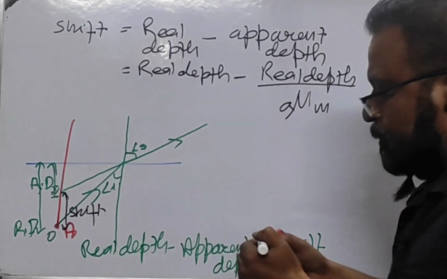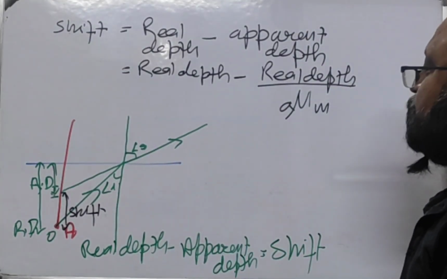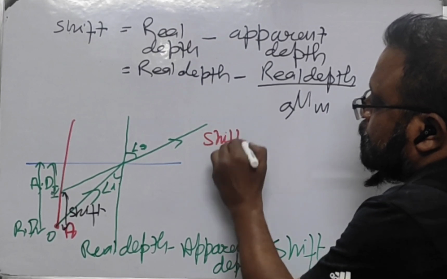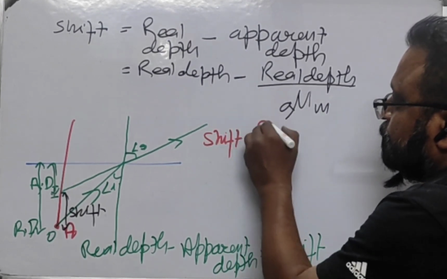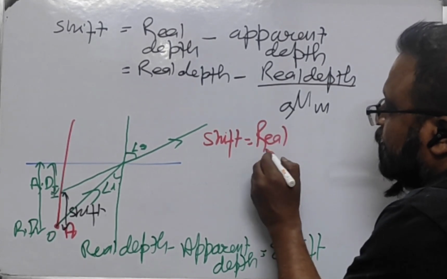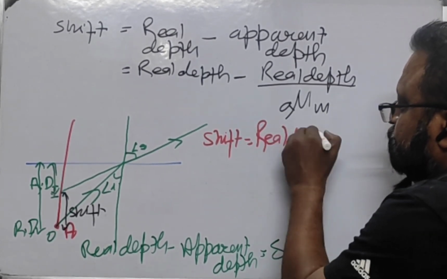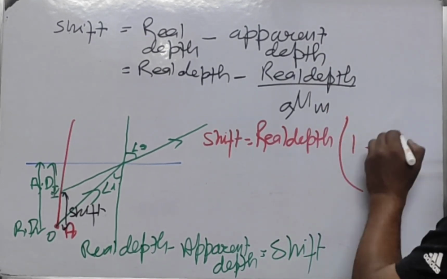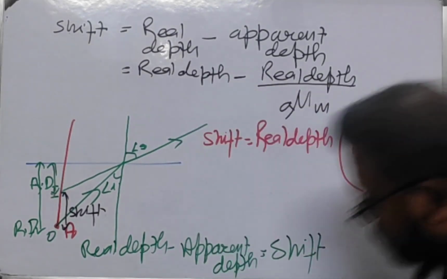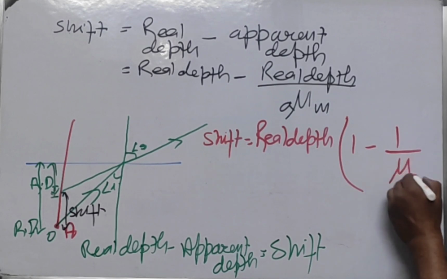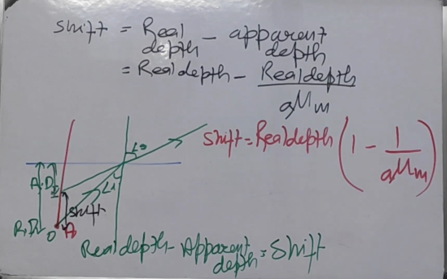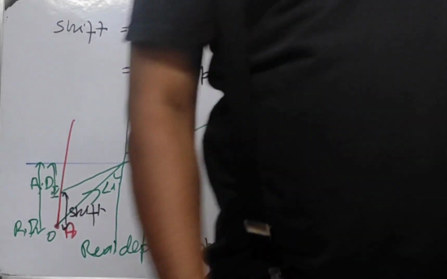So finally we get shift is equal to real depth into bracket 1 minus 1 upon refractive index of medium with reference to air. I hope you understand this much. You understand this much?